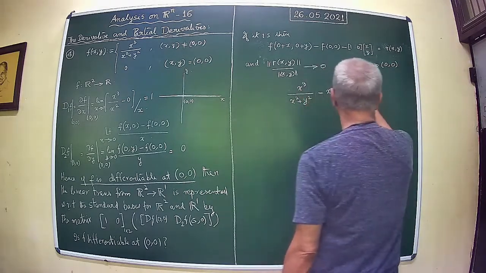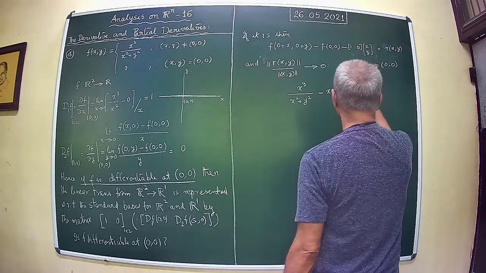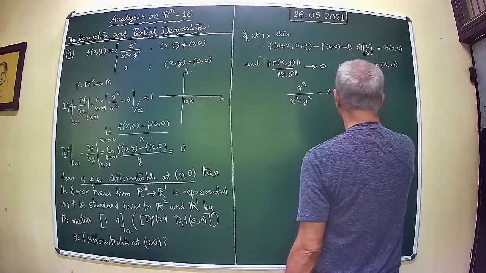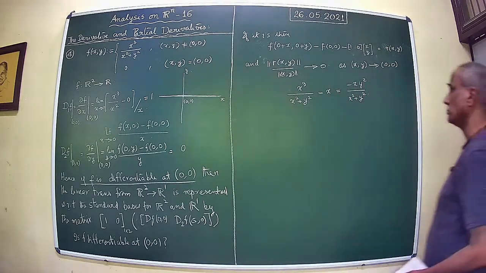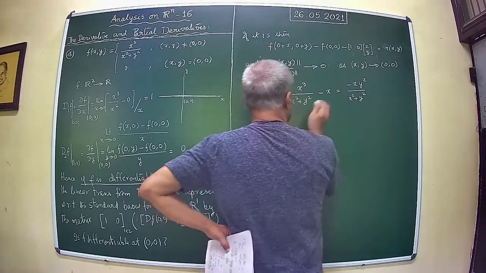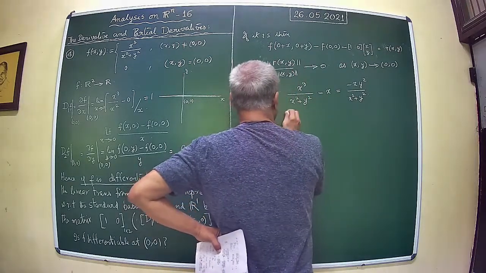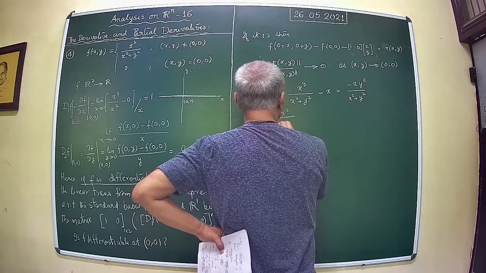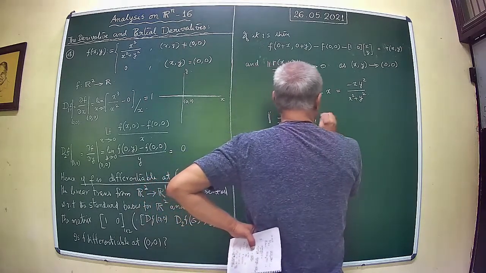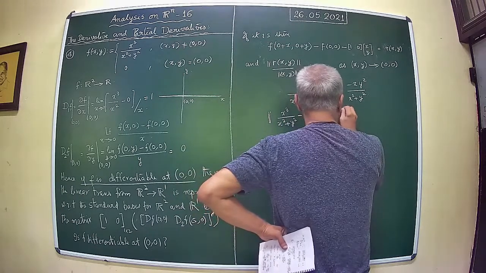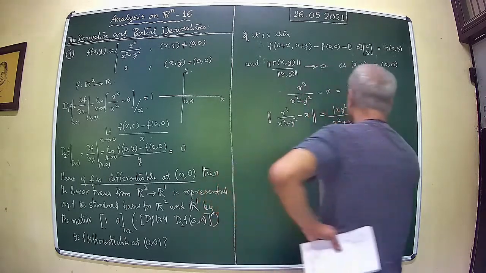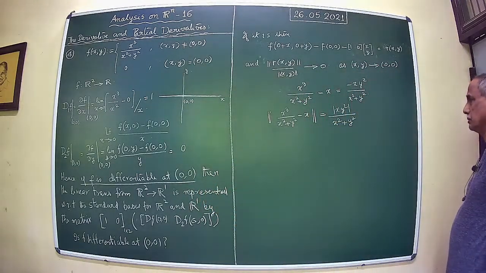This is equal to minus x y square divided by x square plus y square. Therefore the modulus of this is equal to this.